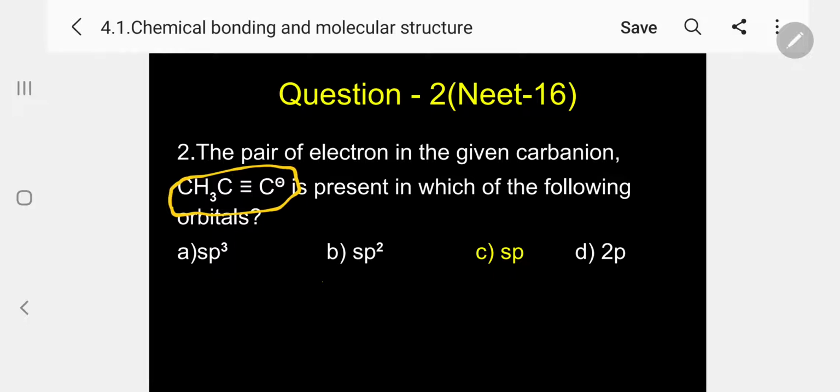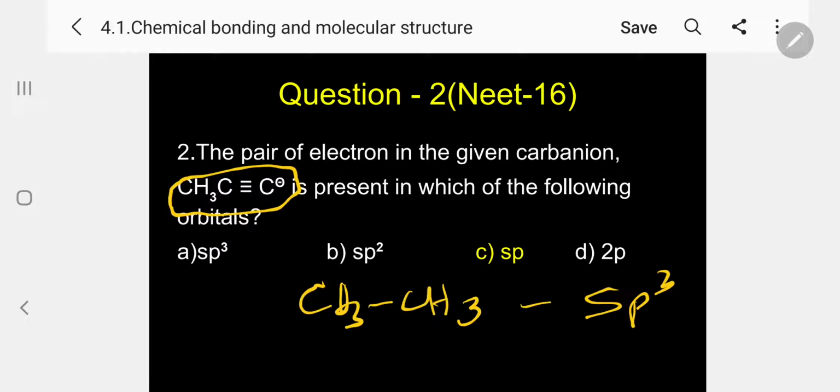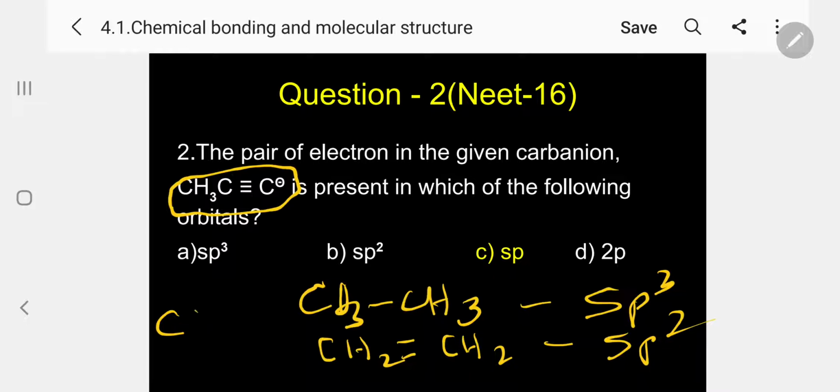Whenever a molecule is saturated like ethane, please memorize this, hybridization sp3. Whenever a molecule has a double bond, hybridization sp2. Whenever a molecule has a triple bond, it is sp. Only this you have to memorize in the case of organic.